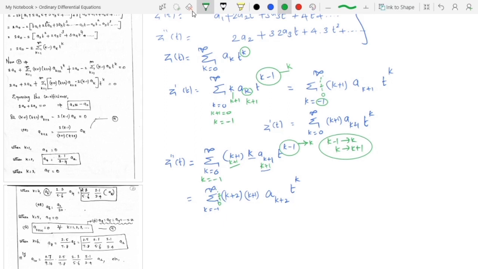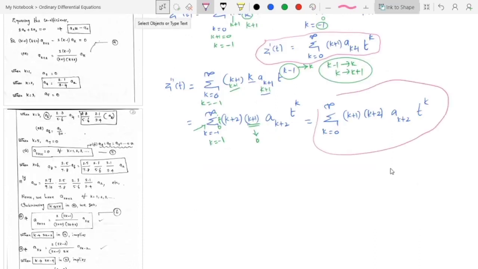While replacing k by minus 1 specifically, here minus 1 plus 1 becomes 0. So we can exclude k equal to minus 1 from the summation itself. So that is equivalent to summation k varies from 0 to infinity, (k plus 1) into (k plus 2), a suffix k plus 2, t power k.